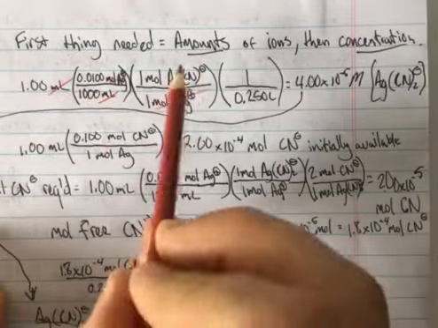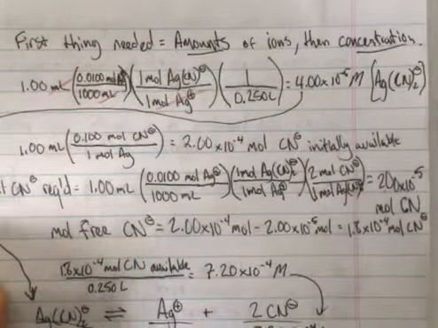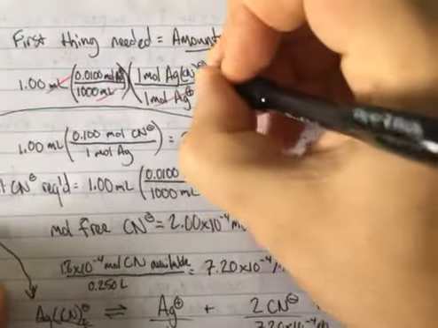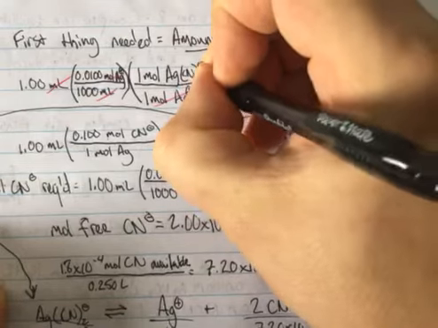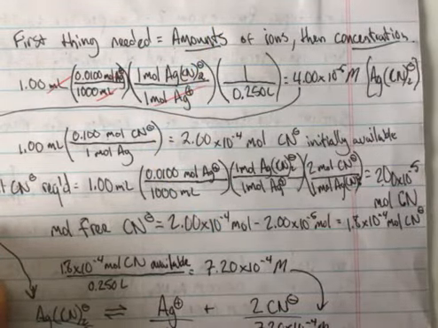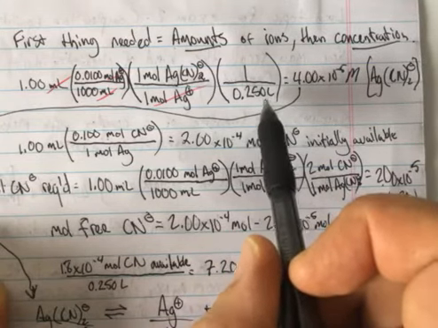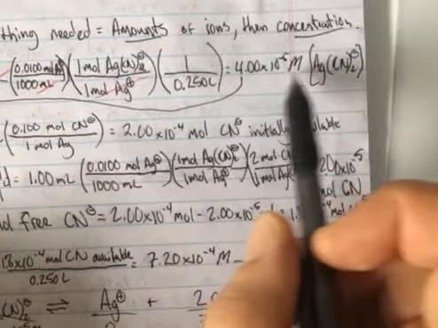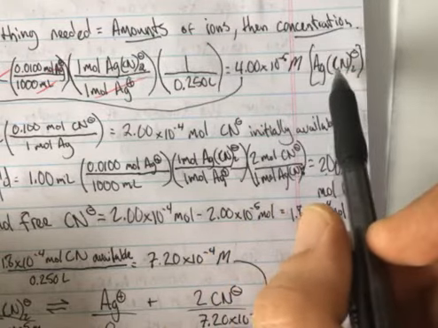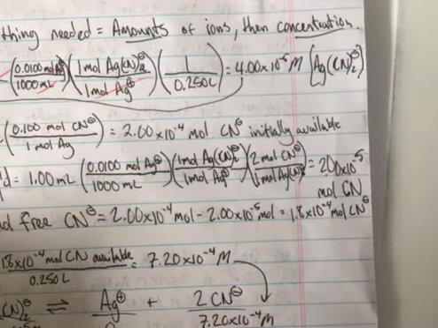Then you're just going to be left with moles of silver cyanide. Sorry, I'm missing a 2 there. And then of course we have to put it back into the overall solution, which is 250 milliliters or 0.250 liters. So that's going to leave us with 4.00 times 10 to the minus 5 molarity of this particular complex.